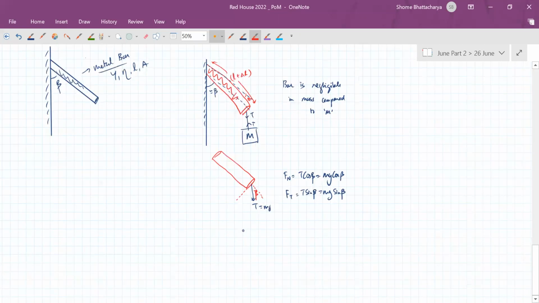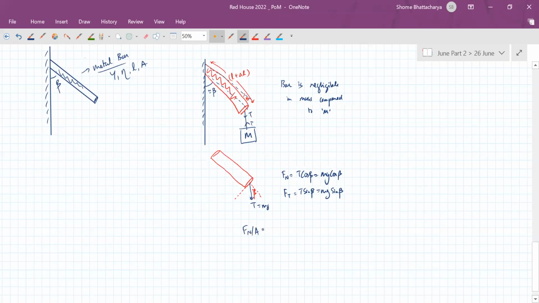So we will see that normal component of force per unit cross-sectional area is tensile stress. So tensile stress upon tensile strain is equal to Young's modulus. So delta L will become mg cos beta upon A Y into L. And tangential force per unit area divided by tangential strain is equal to modulus of rigidity.